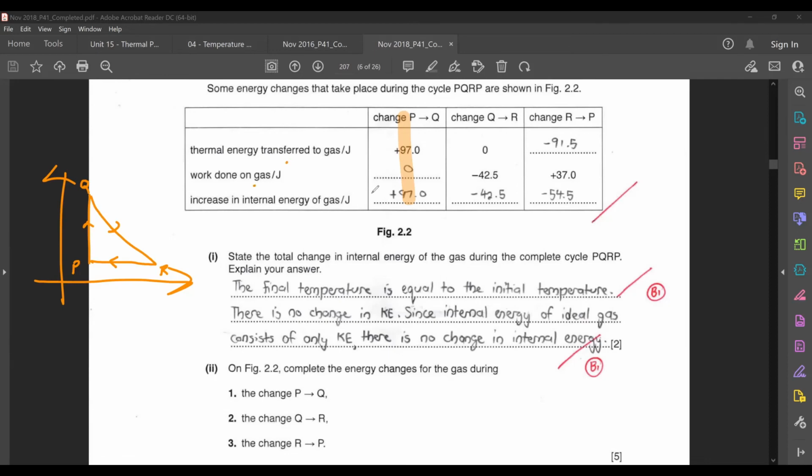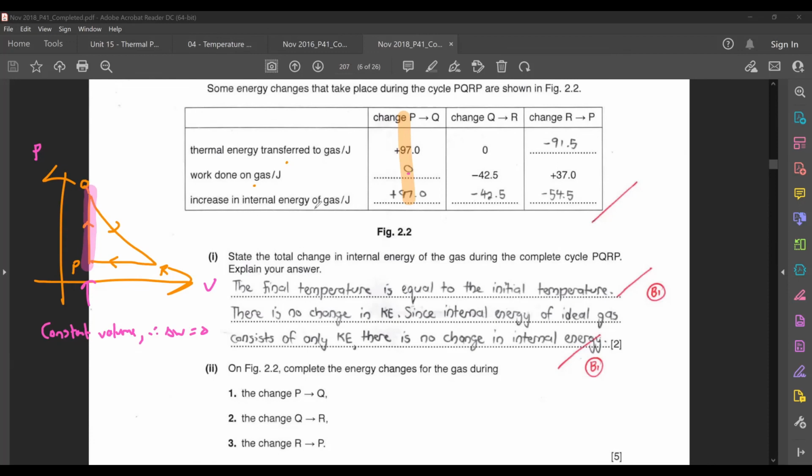But what about the work done on the gas? Just now this one was pressure times volume. If you're going from P to Q, this is constant volume. So therefore, work done is 0. So work done on gas is 0 here.